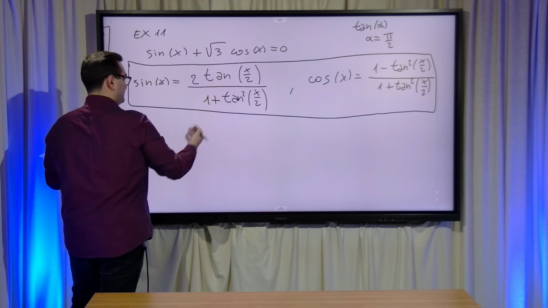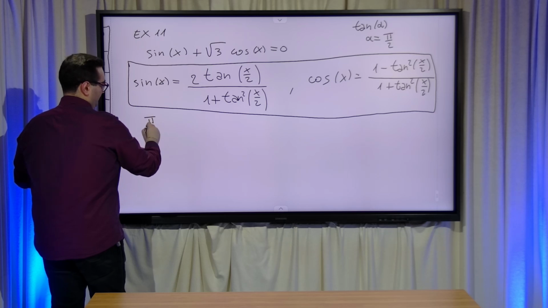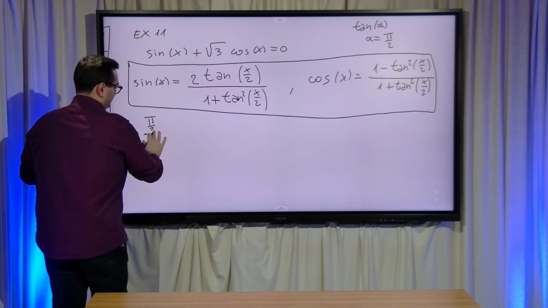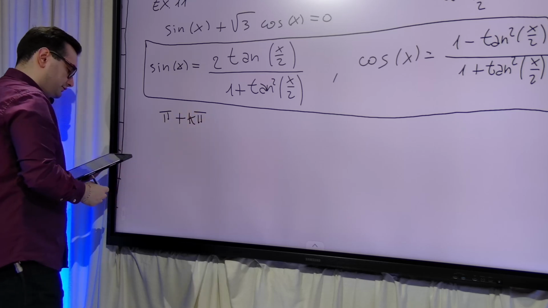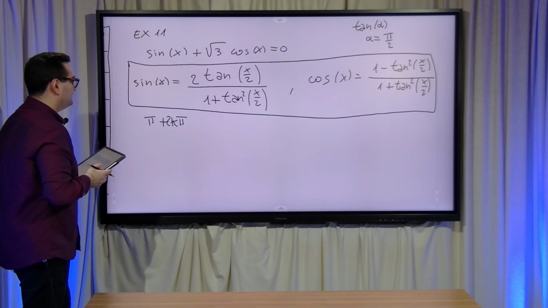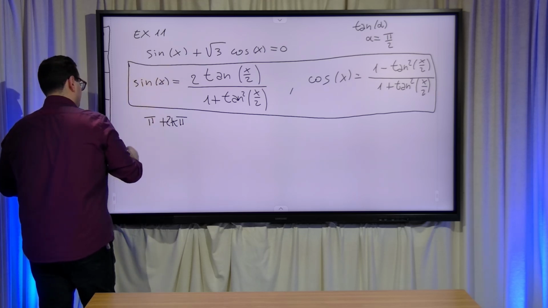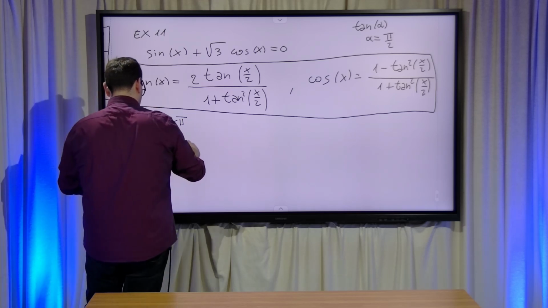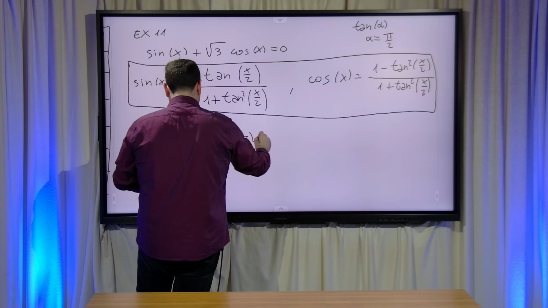And in this case, I have to check if pi over 2 divided by 2 is solution. So simply is if pi plus 2k pi is solution, sorry. And how can I do this? Simply substituting pi into the equation. So sine of pi plus square root of 3 cosine of pi equals 0.